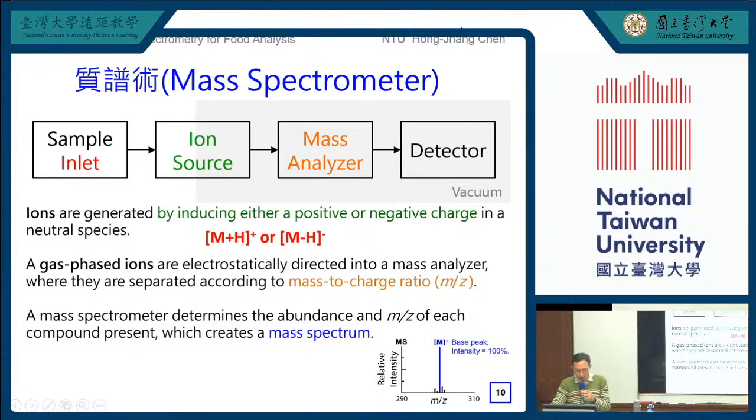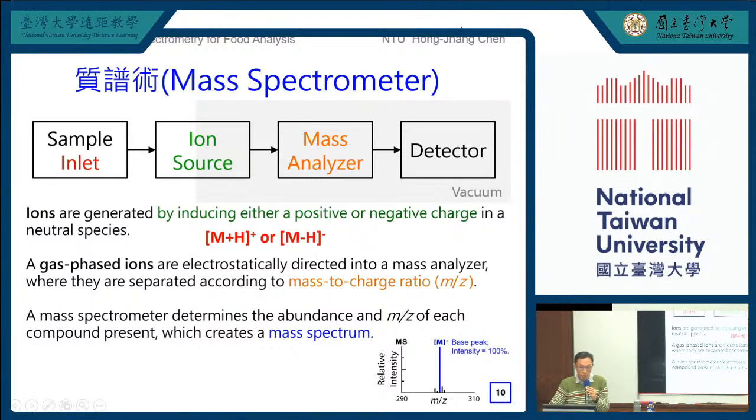So the key parameter is the ion source, because MS only detects the charged, electronic gas phase ion. Ions are generated by inducing either a positive or negative charge in a neutral species. So they will gain a proton or lose a proton. So they have a protonated molecular ion, or they will lose a proton.